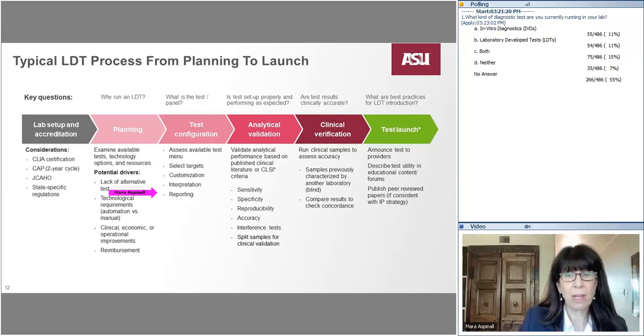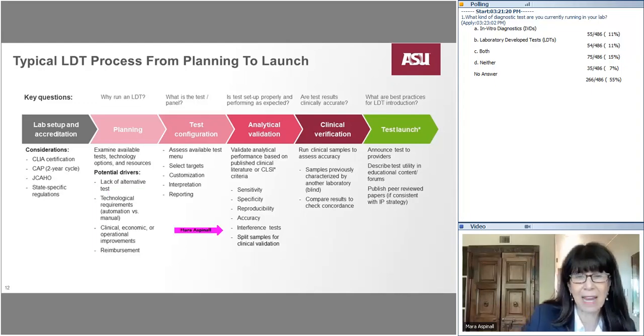We then move on to AV, or analytic validation. Here, you're probably familiar with these, but CLSI is a key governing body, and you need to do all of these: sensitivity, specificity, reproducibility, etc. And interference tests to know what could possibly interfere with an accurate sample.